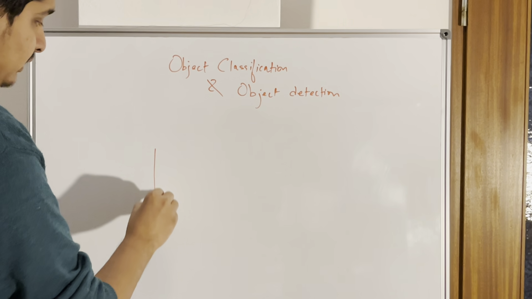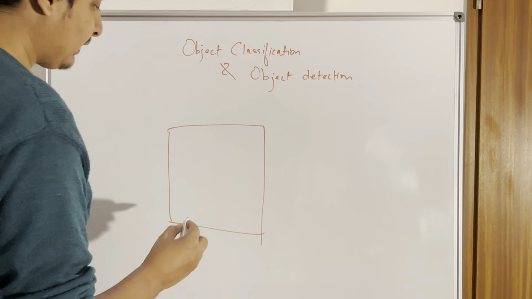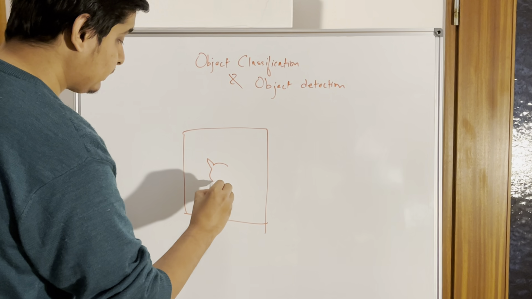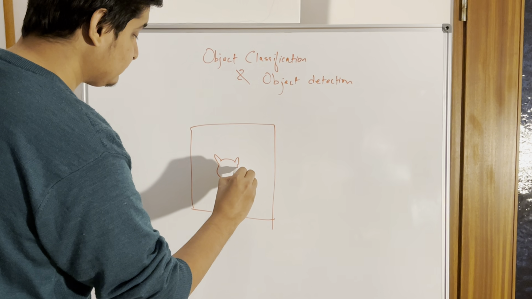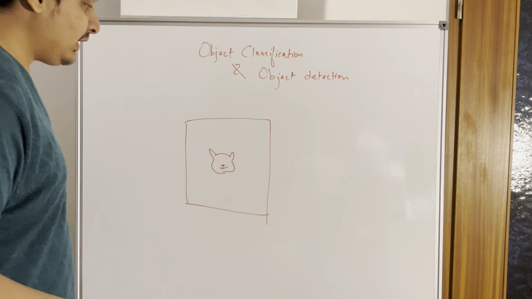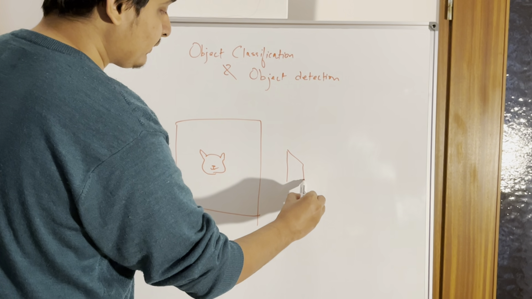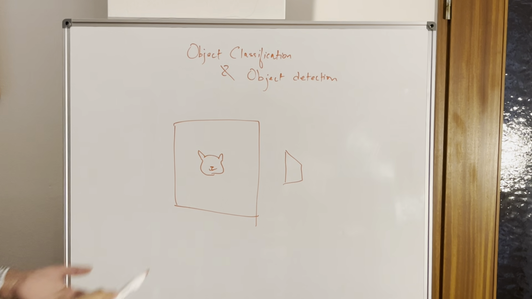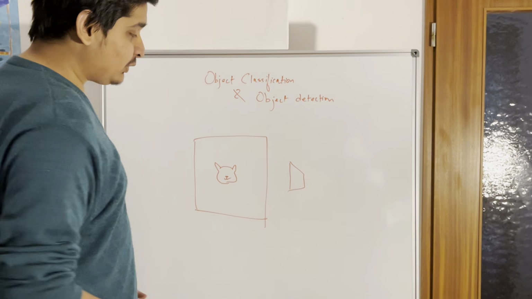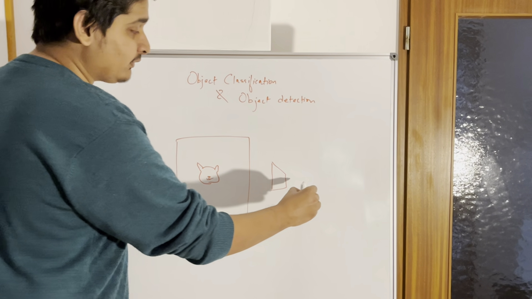So say you have been given an image and there is a cute cat in it, and you pass it through a neural network, which is basically a model which is used for machine learning and artificial intelligence, and you ask this model, can you tell me whether the picture that I gave you is of a cat?